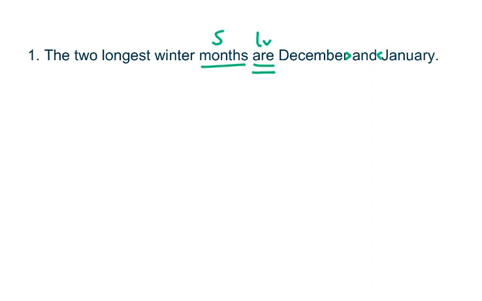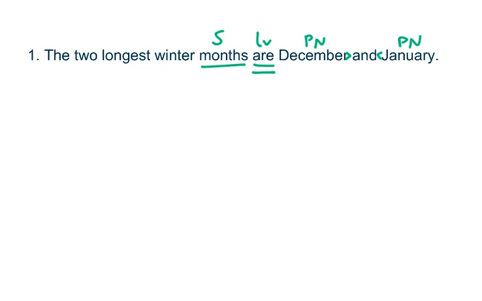So we are going to have either a predicate nominative or a predicate adjective. So let's look at December, January. Are these adjectives or are they nouns? They are nouns, so we have a compound predicate nominative. We're saying months equal December, January.